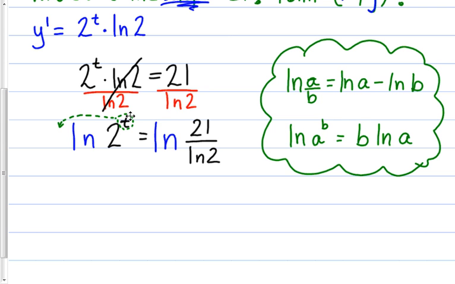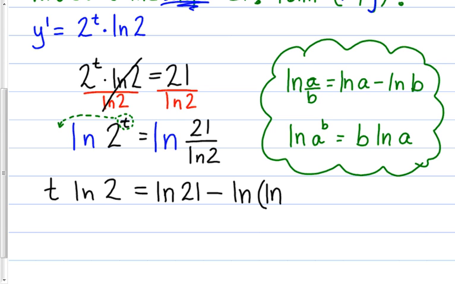All right, so I'm bringing that to the front. I end up with t natural log of 2 equals. Now, the 21 is being divided by the natural log of 2, so I can split this into the natural log of 21 minus the natural log of the natural log of 2.